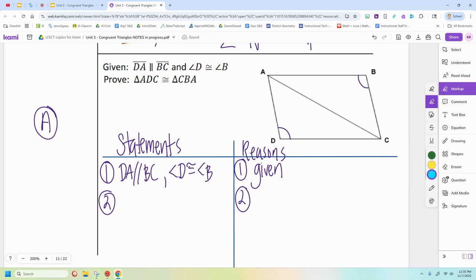Which pair of sides are highlighted? DA and BC. You got to mark it carefully, right? And then I'm going to connect those with my diagonal.